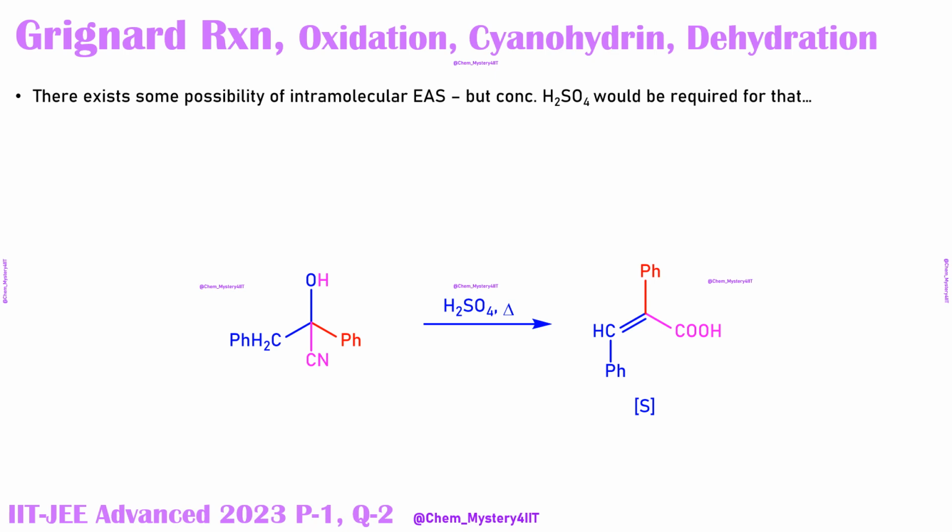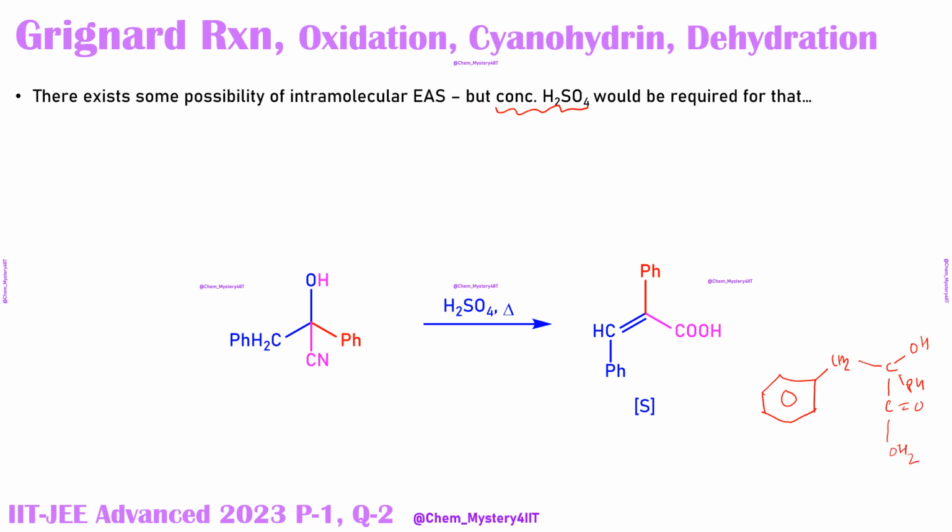It is what we have seen with concentrated sulfuric acid in other reaction sequences. There is a benzene ring over here, and we have some CH2 group, and then this COOH, which converts into a carboxylic acid group, something like this.